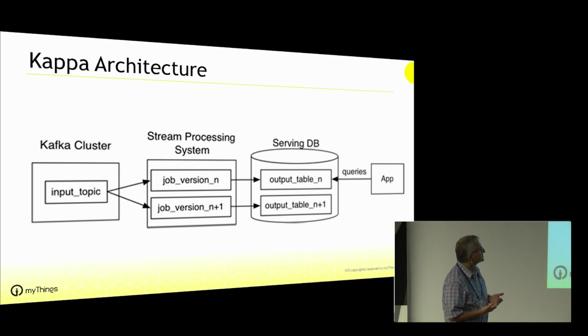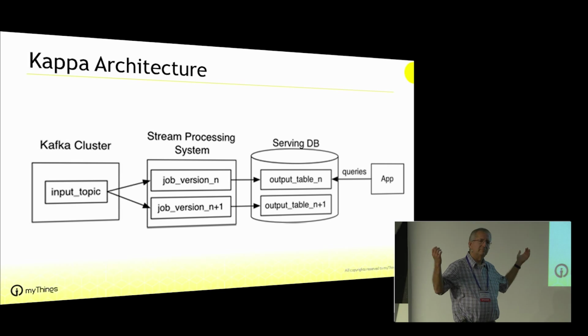Now, the idea is that you may store in Kafka not just the last 1 hour or 1 day of data. You can actually store several months of data. It's just a matter of how you build your cluster and how many resources you allow for this.